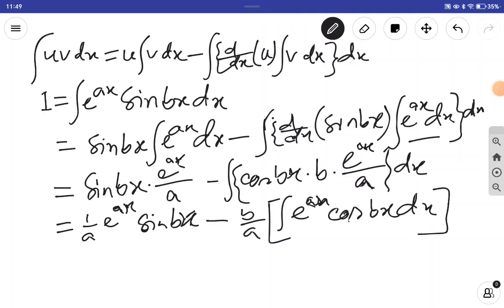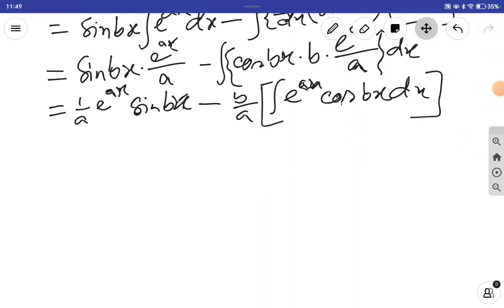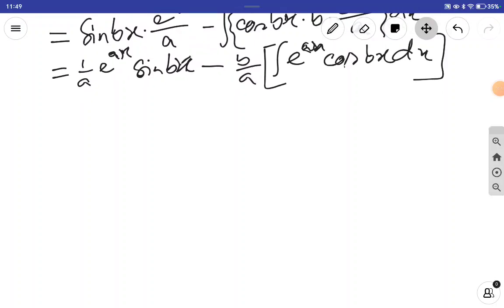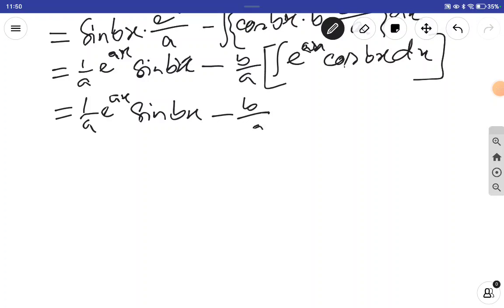Okay, then 1 divided by a e to the power ax sine bx minus b divided by a.